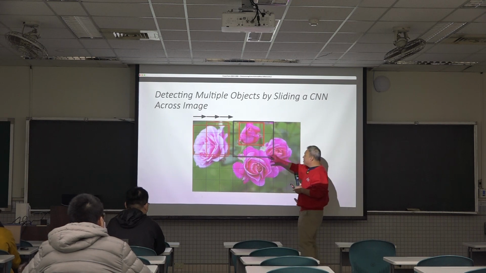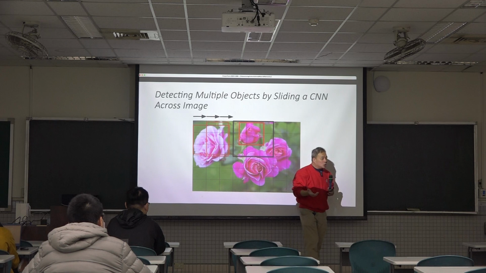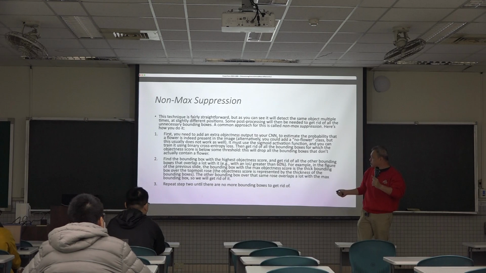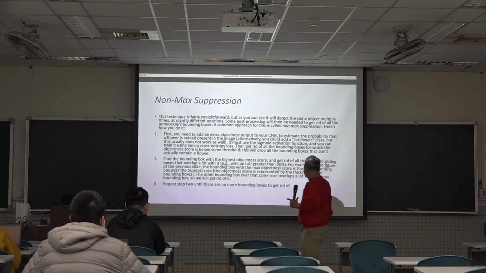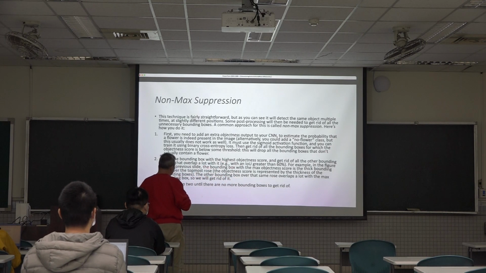But because this one overlaps with this one a lot, obviously, first we identify the highest objectness and then get rid of the lower objectness boxes that have a lot of overlap with it. So here we get rid of all the other bounding boxes that overlap a lot with it, with an IOU value greater than 60%.